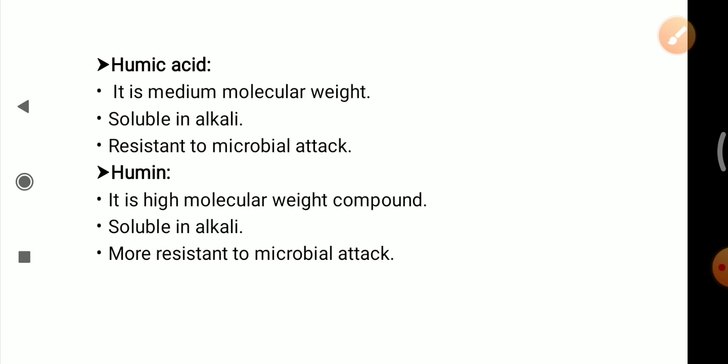Then moisture holding capacity. Then we have seen the chemical properties of soil. In that we have seen macronutrients and micronutrients, positively charged cations, negatively charged anions, and the organic matter that contributes to the soil. Then we have seen humus, fulvic acid, humic acid, humin.